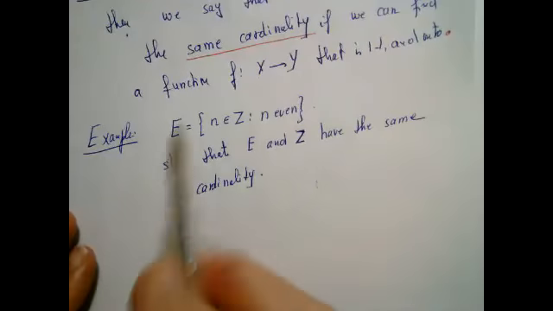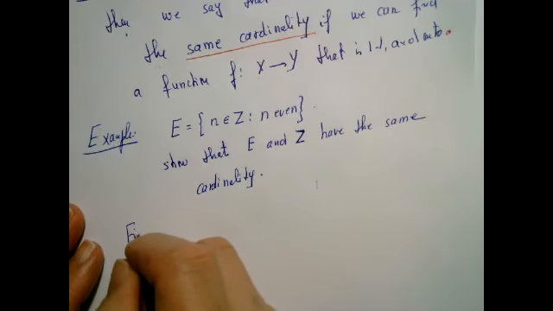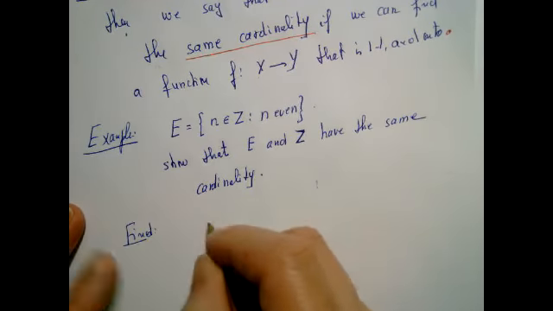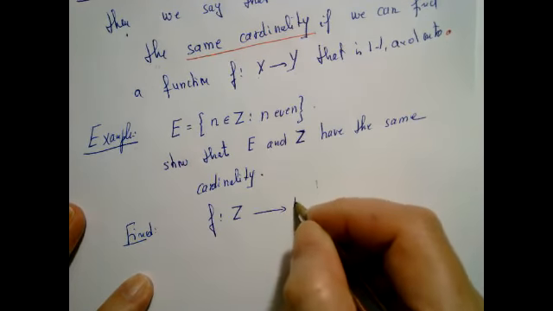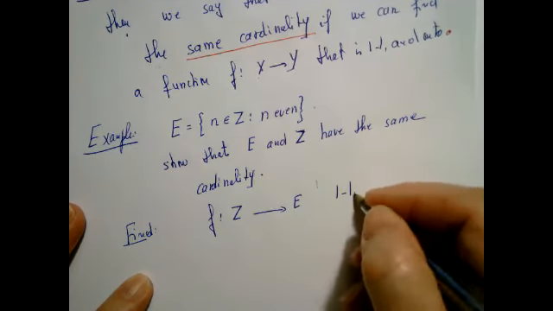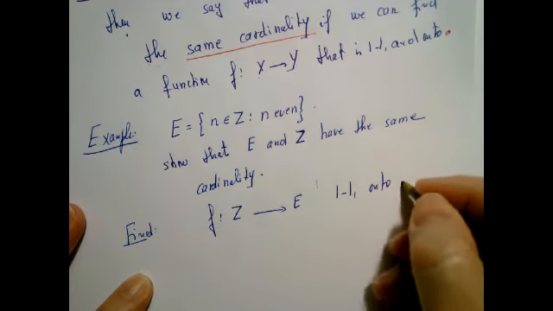So I want you to construct, I want you to find a function f from Z to E, which is 1-to-1 and onto.